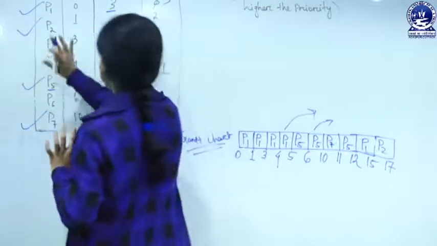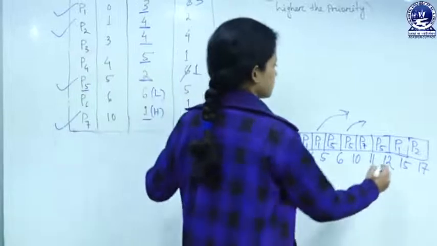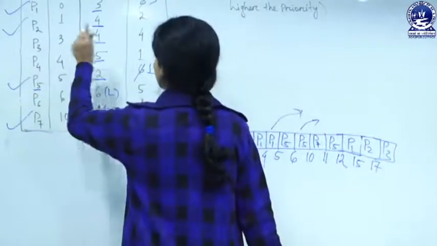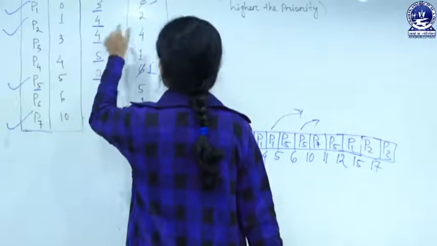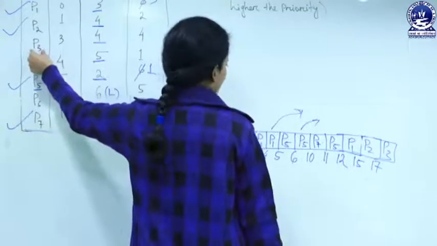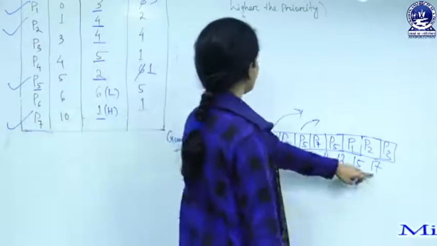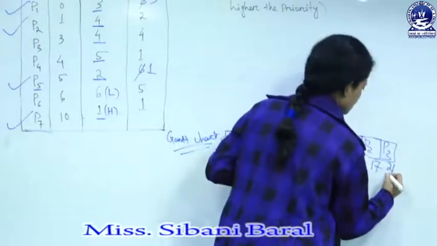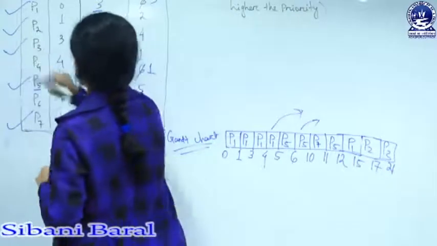So now P2 is done. Next is P3. The P3 having the same priority 4 and the burst time is 4. So P3 will be completed at 17 plus 4, 21. So P3 is completed.